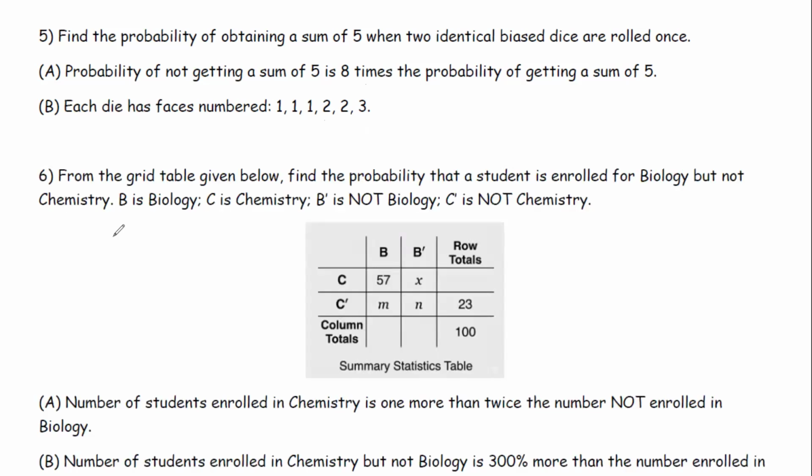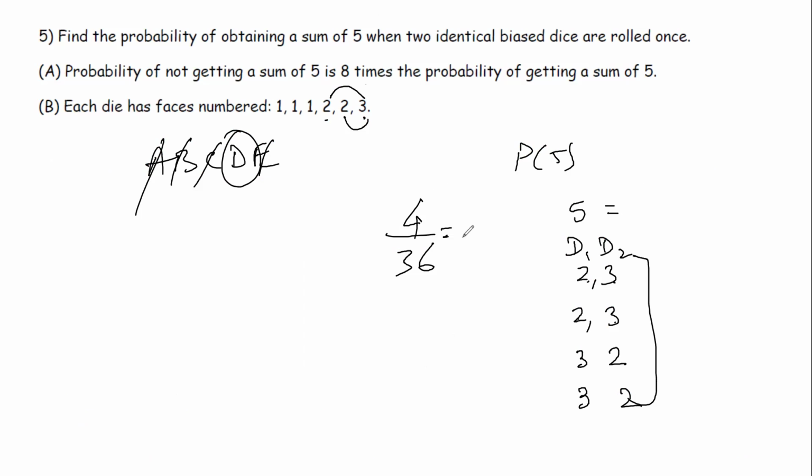All right. Now, just out of curiosity, going back, is 4 out of 36 equal to 1 by 9? So what did we get before? We got 8 by 9.